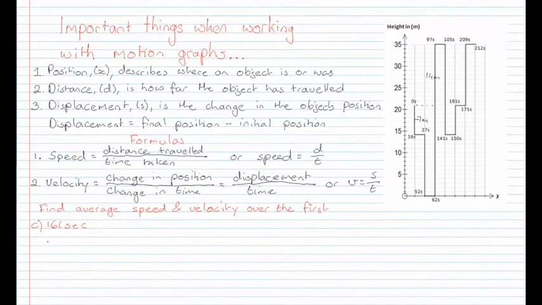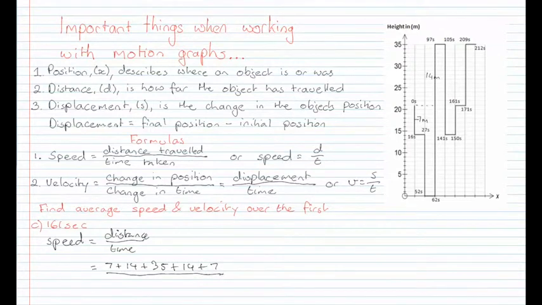Okay, and let's have a look at our average speed over the first 161 seconds. So remember, speed is equal to distance over time. Okay, well, how far have we travelled? We've travelled a total distance of 7 plus 14 plus going up 35 plus coming back down 14 plus going back up 7 over time taken.